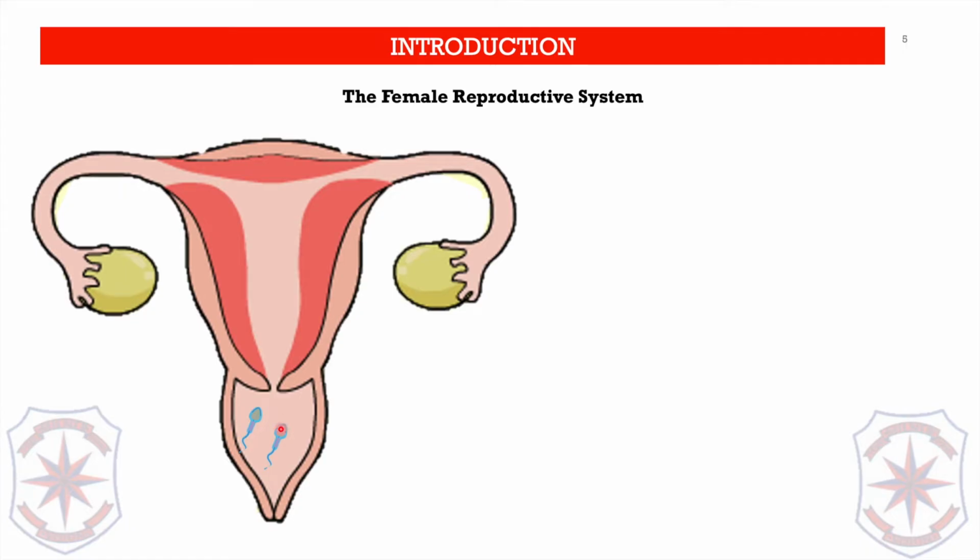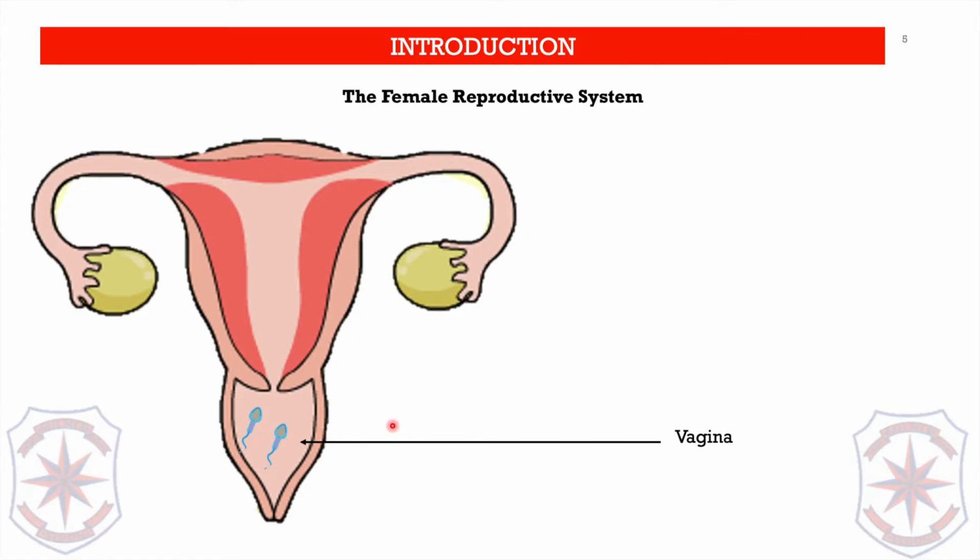And remember, these sperm cells are supposed to swim up the female reproductive system all the way to the fallopian tubes, where they are going to meet an ovum there. The site of fertilization is at the fallopian tubes. Okay, so like we said, the male would deposit the sperm cells into the vagina.